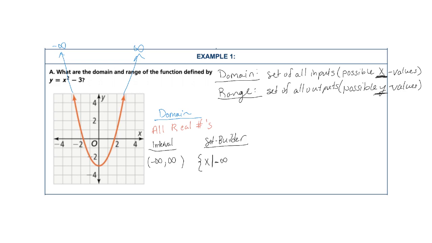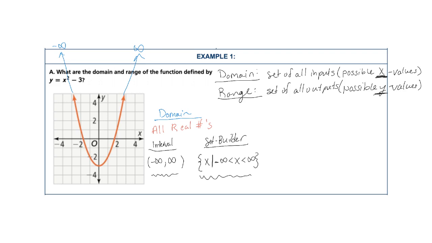So it goes from negative infinity, and x is greater than negative infinity, but less than infinity. All right. So throughout this 1.1, if it asks you to use interval, you're going to use this. If it asks you to use set builder, you're going to use this.